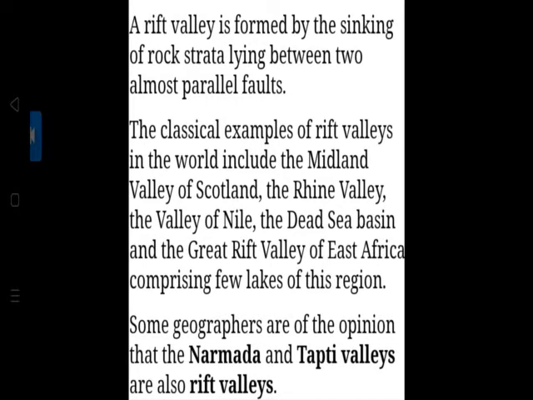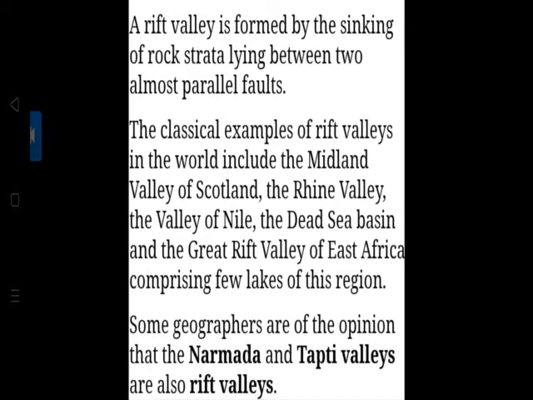The classical examples of rift valleys in the world include Midland Valley of Scotland, the Rhine Valley, the Valley of Nile, Dead Sea Basin, the Great Rift Valley of East Africa, comprising few lakes of this region. Now, all these examples you have come across in your textbooks time and again.